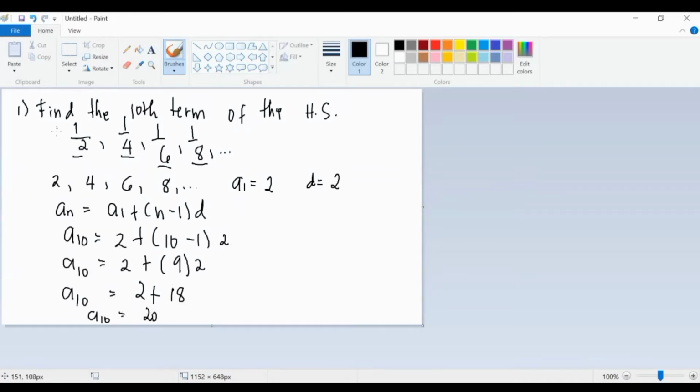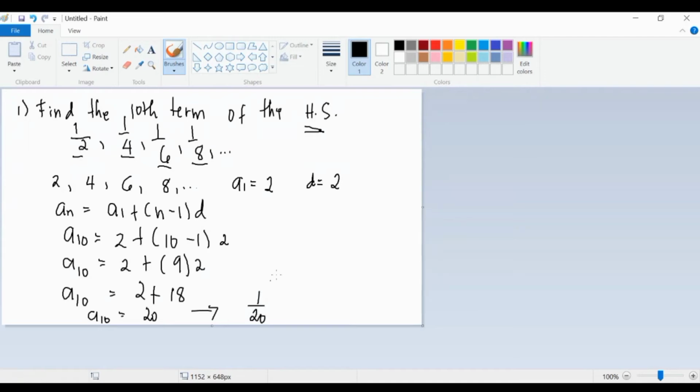But the question here is to find the 10th term of the harmonic sequence. So now we got the 10th term of the arithmetic sequence, which is 20. In order to get the harmonic sequence, you will just get the reciprocal of 20. So the reciprocal of 20 is 1 over 20.